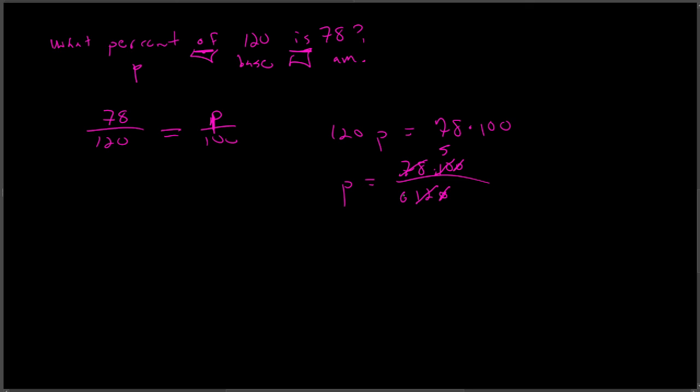Both of these are divisible by 2, so it'll leave me with a 3, and that's 39. And 39 is divisible by 3, so that's 13 times 5, or 65. And so my percent is 65%.